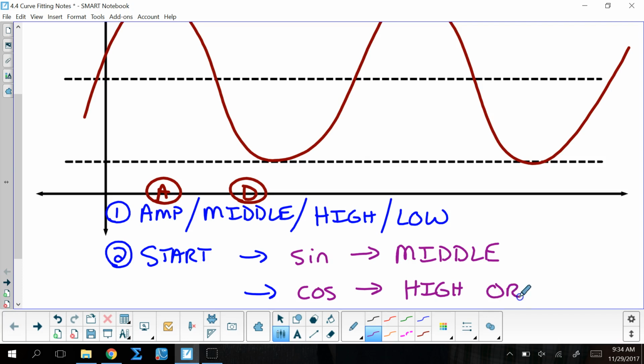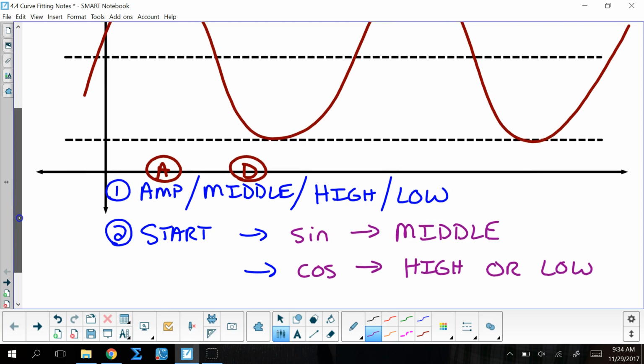Or the low. Depending upon if what? If A is negative. Okay? So if A is positive, I'm starting up high. If I'm using a negative A, I'm going to start down low. Okay? So we got to know those.